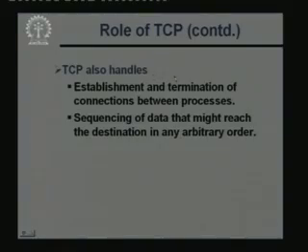TCP, since it is a connection oriented service, also handles establishment and termination of connections between applications or processes, and sequencing of data. Sequencing means at the level of TCP, say I am trying to send a message, it can be broken up into several packets and they may be sent by IP. Now, IP does not guarantee any sequencing; the packets may reach the destination in any arbitrary order.